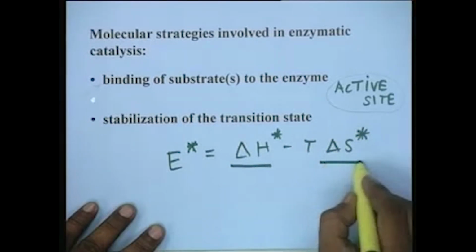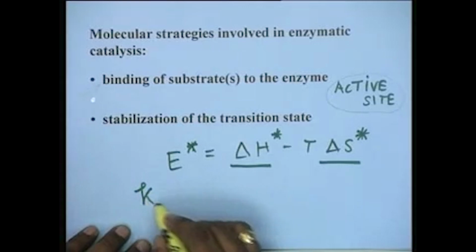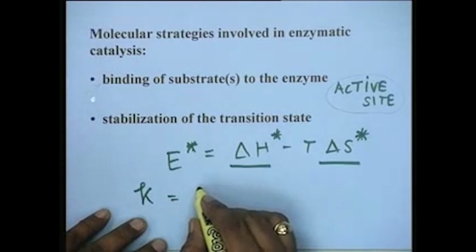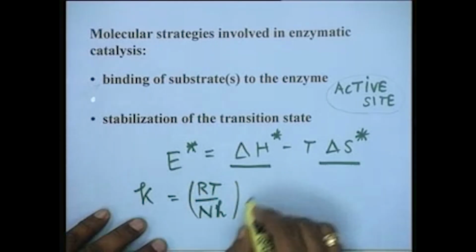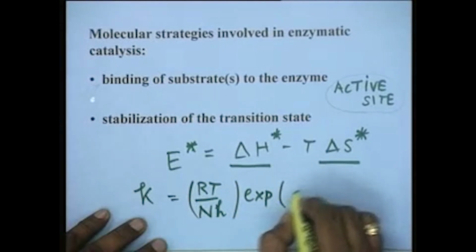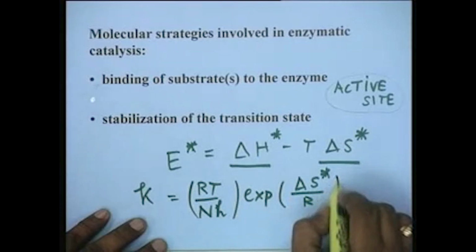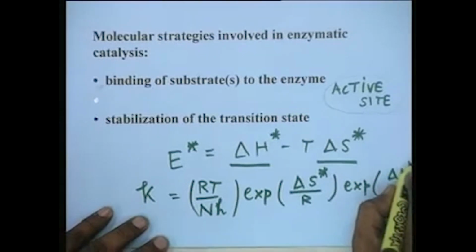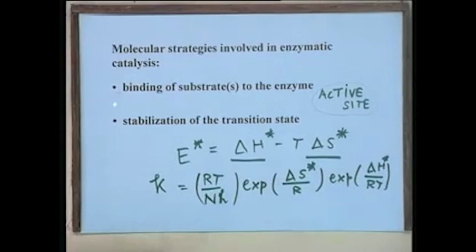Using the classical Arrhenius equation, the expression for the rate constant can be written as RT over Nh times exponential of delta S star over R, times exponential of minus delta H star over RT.